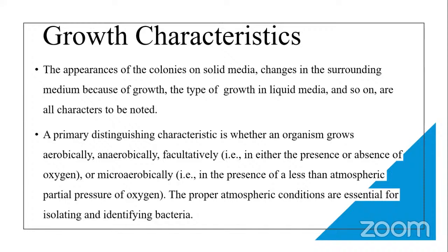Also, we have Escherichia coli, which gives a metallic sheen color when you grow it on a specific media called eosin methylene blue. Some of these identification processes will be carried out during your practicals, and you will be able to see what I'm talking about.